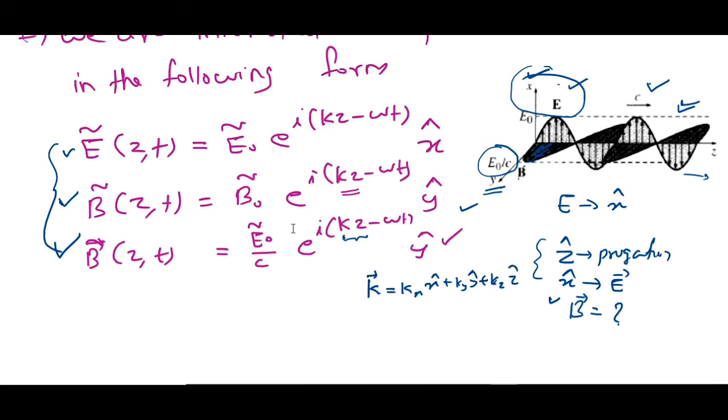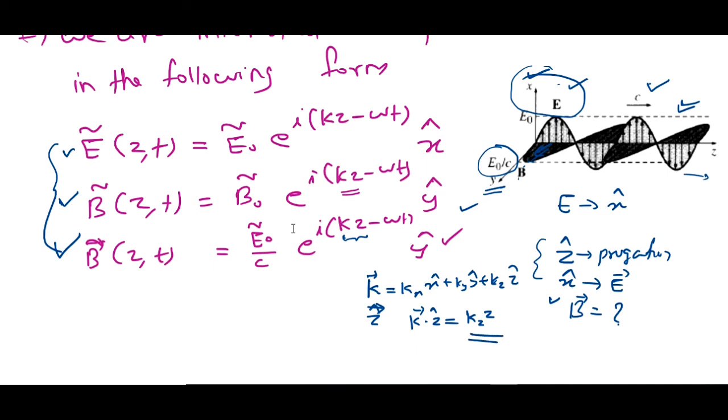Then if the wave is propagating along the z direction, then k dot z will be kz z. If the wave is propagating along the z direction, z can be written as z cap. That is why we have written kz z.